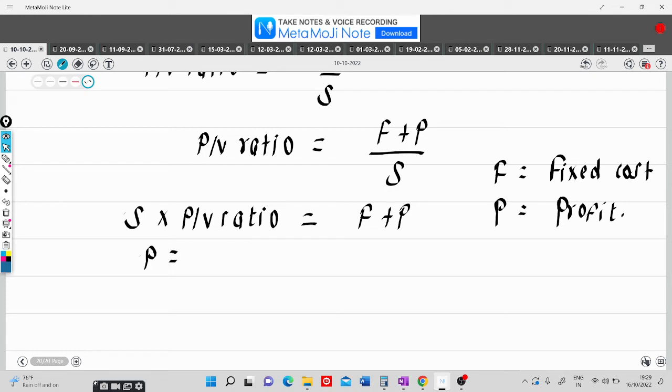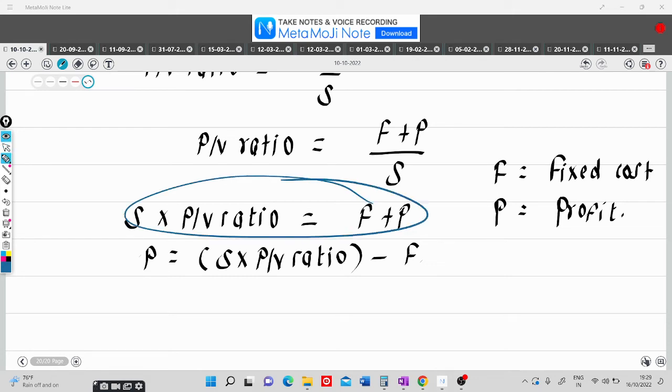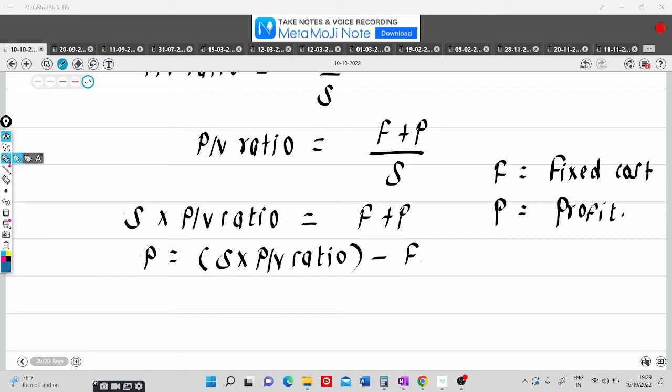So profit is equal to, rearranging this equation, sales into PV ratio minus fixed cost. We have rearranged this equation. I am interested in calculating only profit.